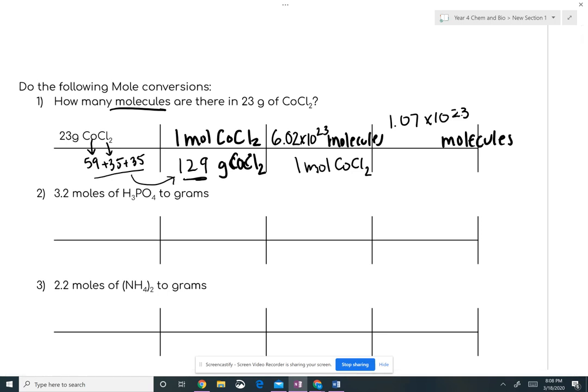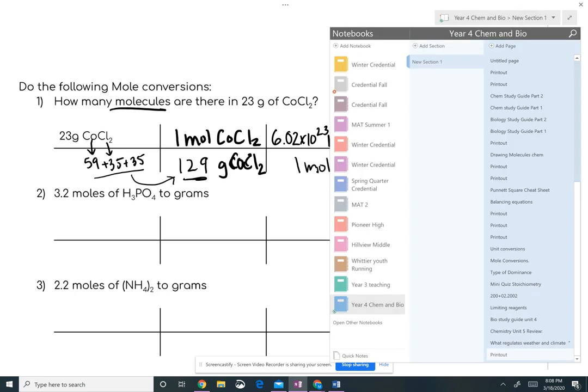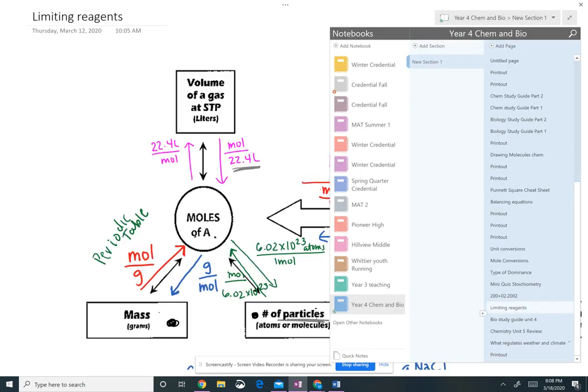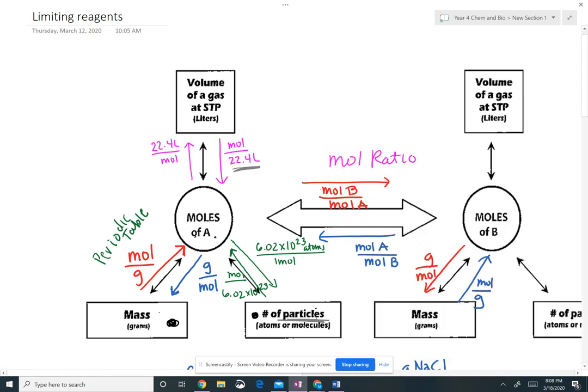Okay, so next one, it says I have 3.2 moles of H3PO4 and I got to convert it to grams. So if you look at the chart, it's actually just a one-step conversion that you're doing at the end of this one. We go from grams to moles, right?